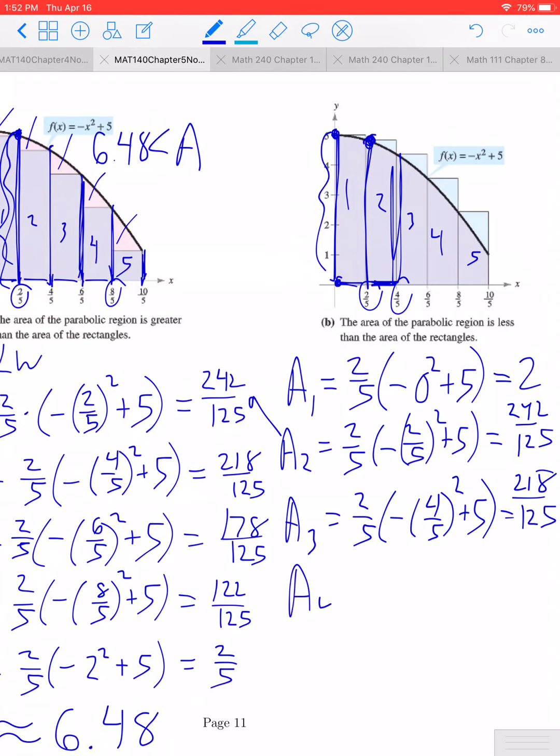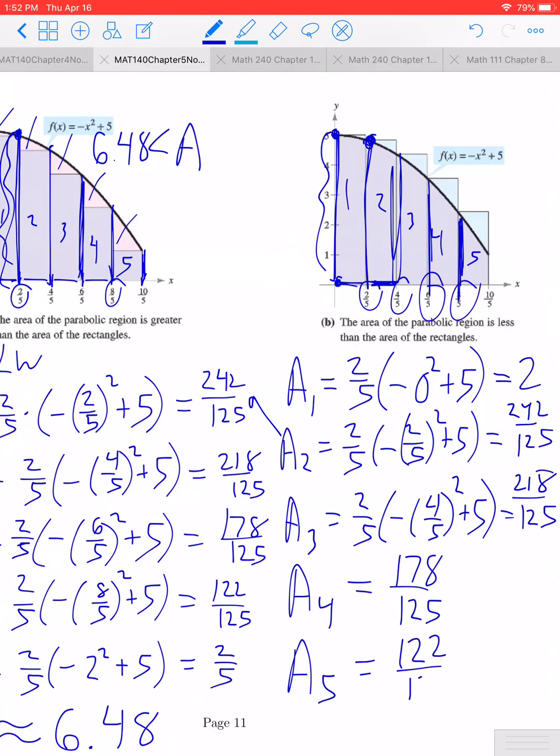Just kind of skipping ahead a little bit, you can probably see what's going to happen here. But A4, the fourth rectangle, has as its endpoint 6/5. When we plugged 6/5 in, that gave us 178 over 125. And A5, the area of the fifth rectangle, has its left endpoint 8/5. When we plugged 8/5 in, we got 122 over 125.